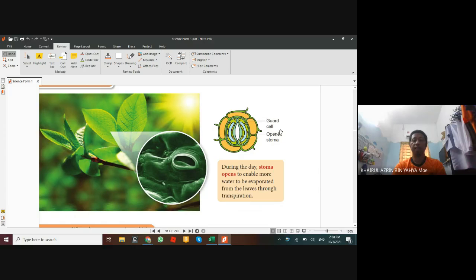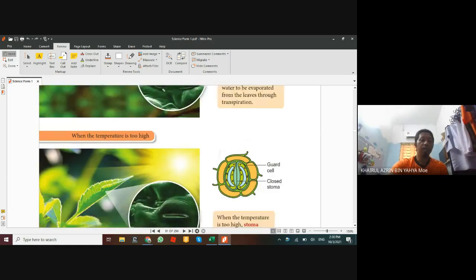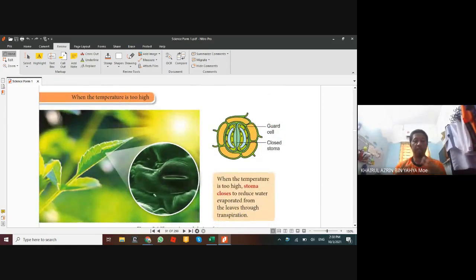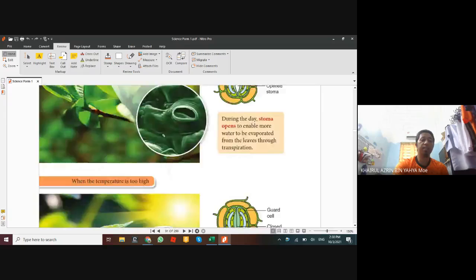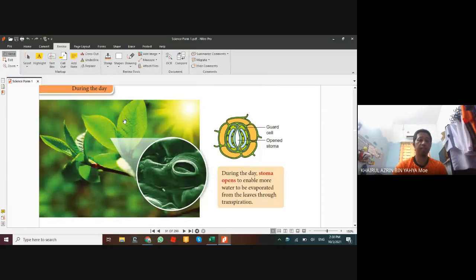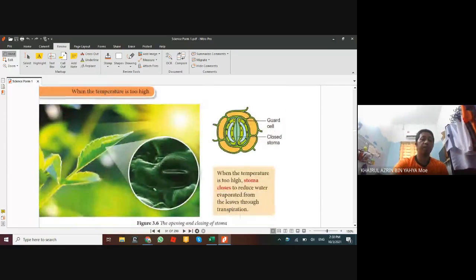So this is the diagram. This is what we call guard cells. This is stoma, open stoma. When the temperature is too high, bila keadaan sangat panas, you see the leaves are different from the first diagram. Tak sama. This one, the leaves are rolled up. Dia tutup sikit.